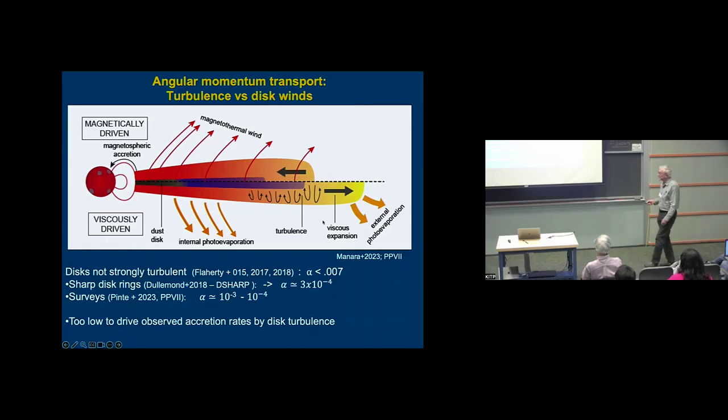The classic models by which most theoretical treatments of the development of protoplanetary disks evolve assumed viscous treatments. Okay, that's now largely out of the window.